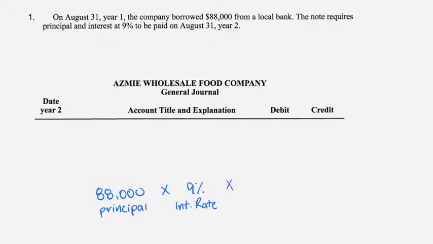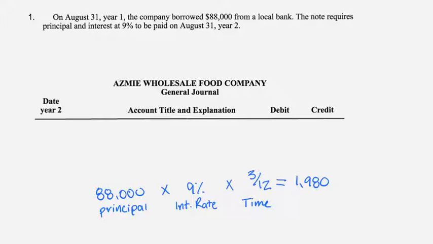And then if we multiply it by a quarter of the year, 3 out of 12 months, that will tell us what our adjusting entry is. So 88,000 times 9% times 3 over 12 is $1,980.